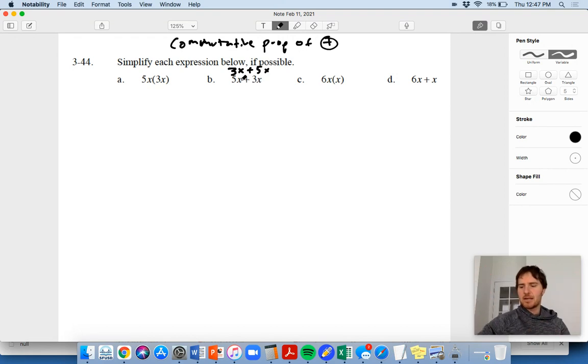We have three x pieces, and we're adding 5x pieces. How many x pieces in total do we have? We have 8x pieces. And that's no different than if you had 5x pieces and you're adding 3x pieces. So when you're adding expressions, order doesn't matter. That's what the commutative property of addition is. That's how you move stuff around.